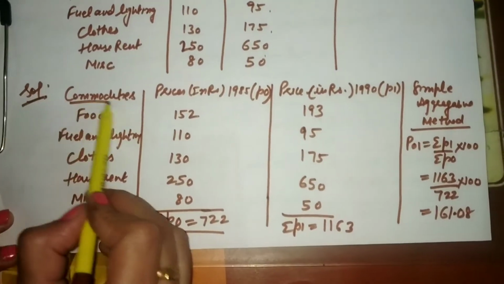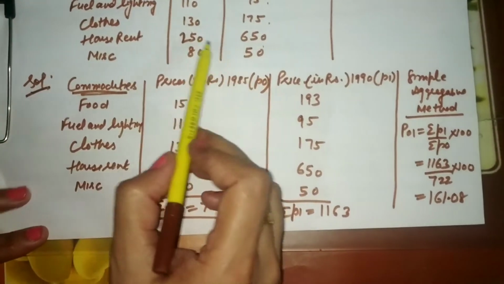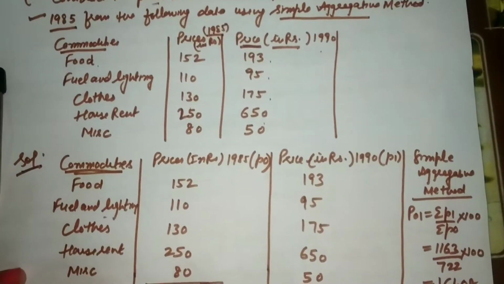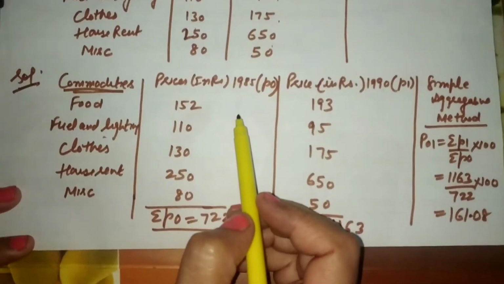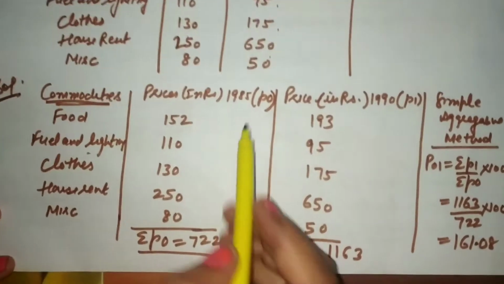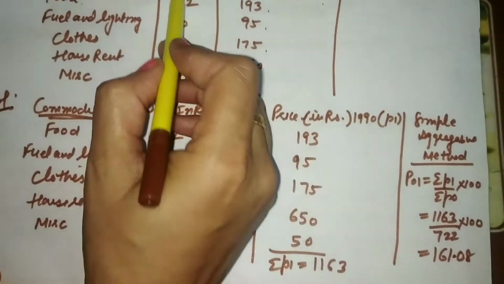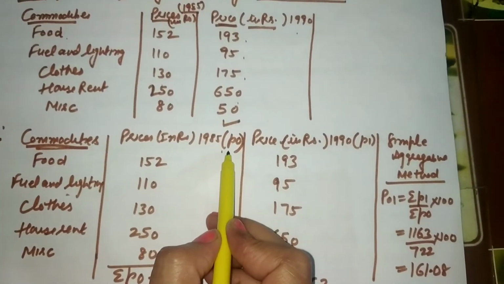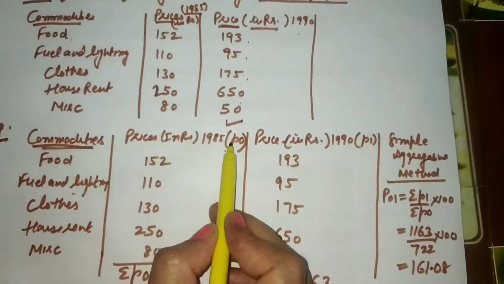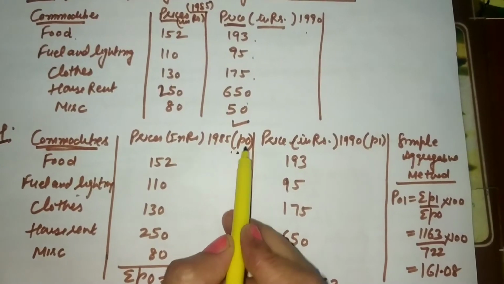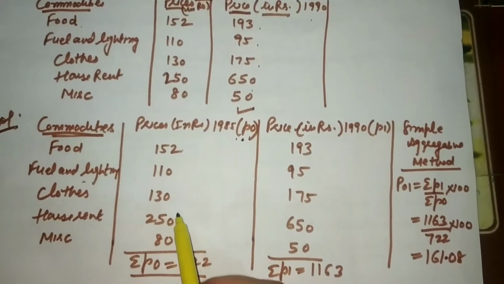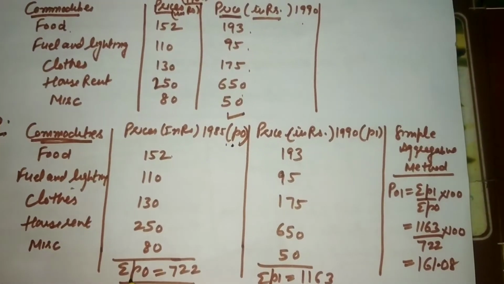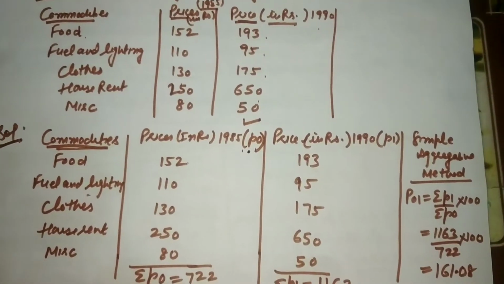We have already written the commodities as given in the statement: food, fuel and lighting, clothes, house rent, miscellaneous. Because 1985 is the previous year, we take it as P0. It is prices, so we are taking P0. If it were quantity, then we would take it as Q0. So P0 is for 1985 prices, that is 152, 110, 130, 250, 80, and we have added all the terms of P0, and sigma P0 is equal to 722.